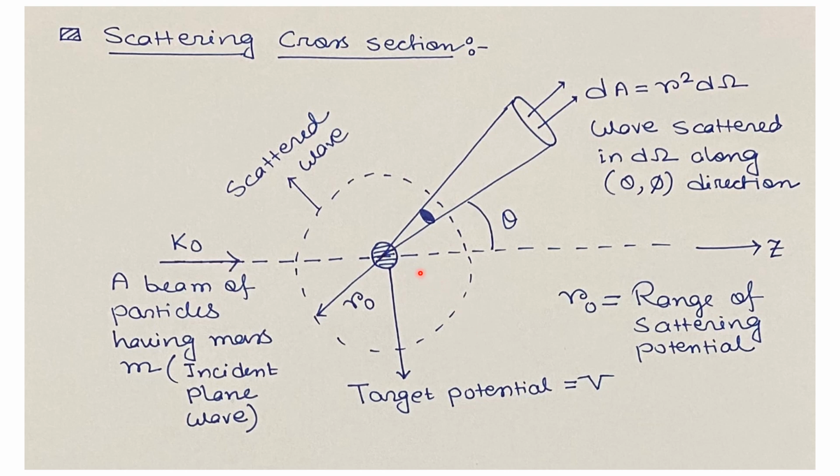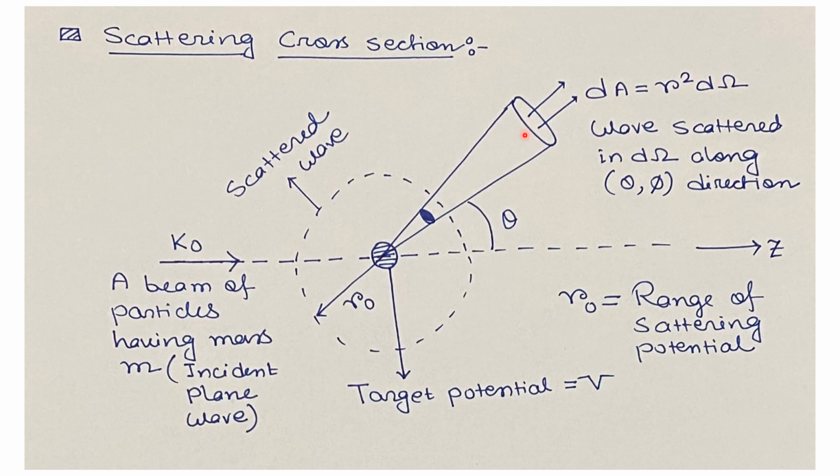The angle between the initial and the final straight line is known as the scattering angle, denoted by theta here. Now after scattering, all the particles will be scattered in all possible directions in the sphere. So we will be considering a small region, basically a small differential solid angle d omega, through which some particles are getting scattered.